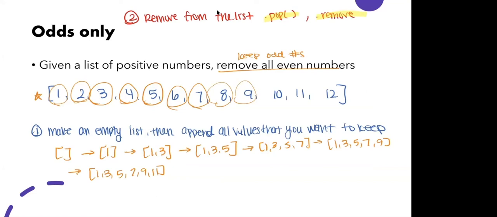Okay, well, to be honest, it doesn't really matter for this one. You could use .pop and you could also use .remove. .remove might be the better move here, and this is the reason why.